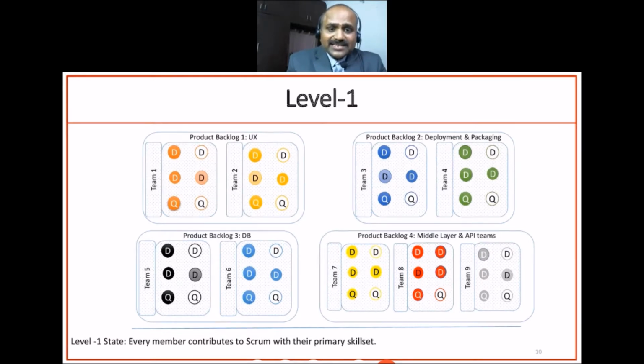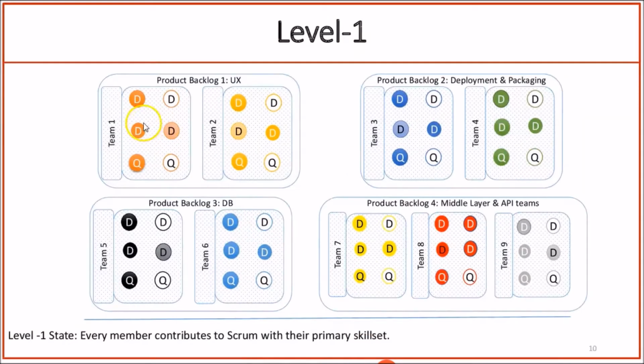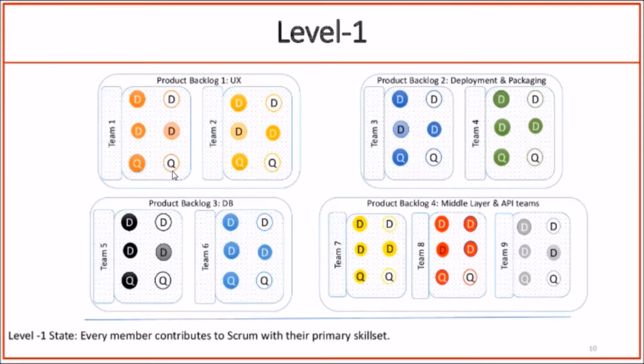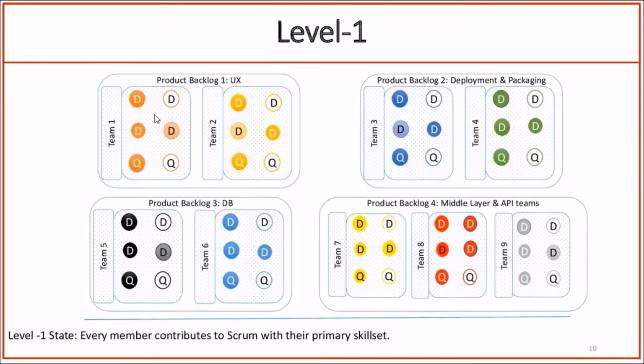If you look at each of these teams here, okay, you have D and Q. D means developer, Q means QA, that is tester, quality assurance person. Okay, so if you see, everybody contributes to the Scrum or development model with their primary skill set.